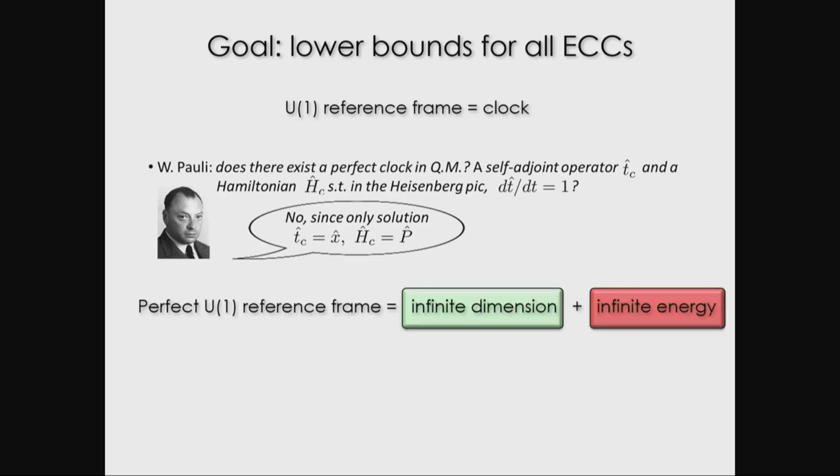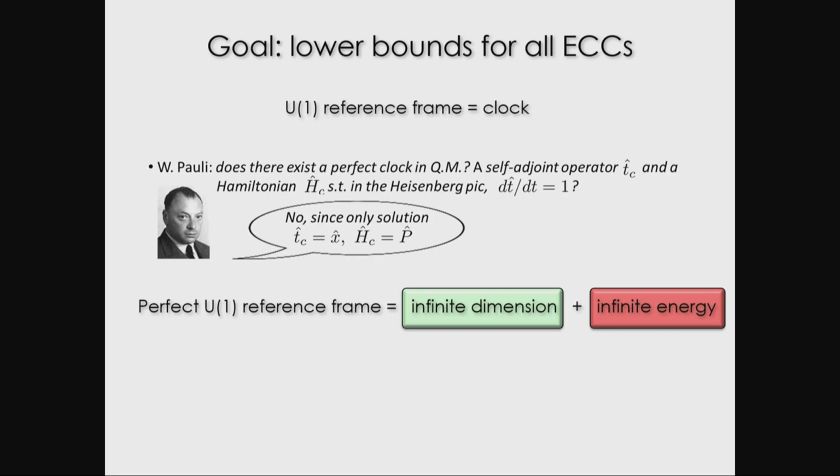So basically this perfect U1 reference frame, we can think of it as living in infinite dimensions, which in principle is fine, like we all have harmonic oscillators and perfectly well-defined quantum systems. But the downside is that it also requires infinite energy in the sense of having no ground state.